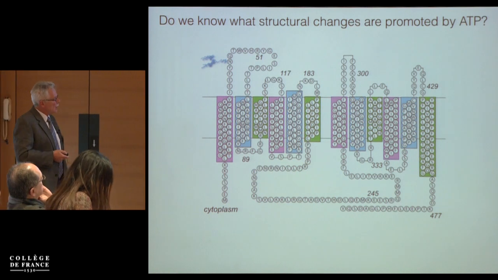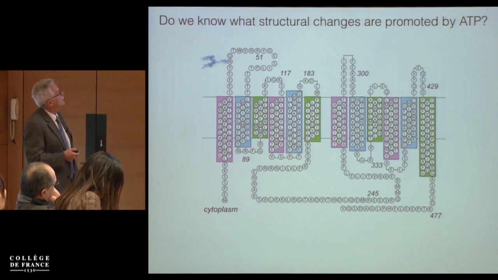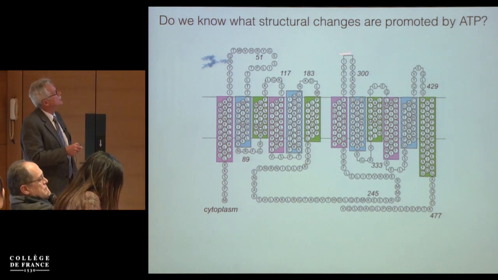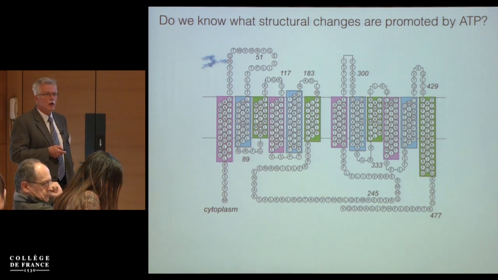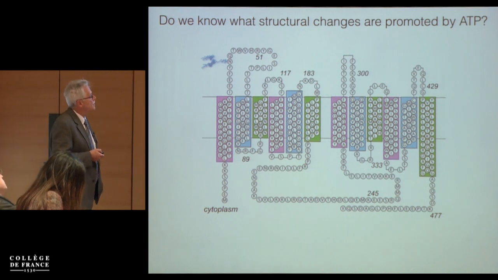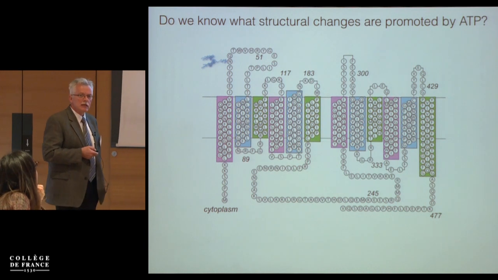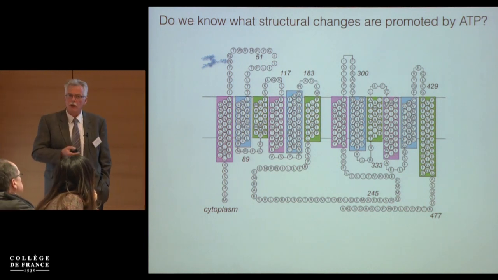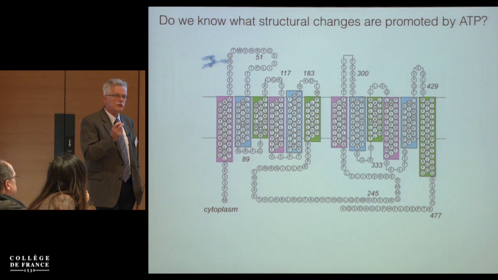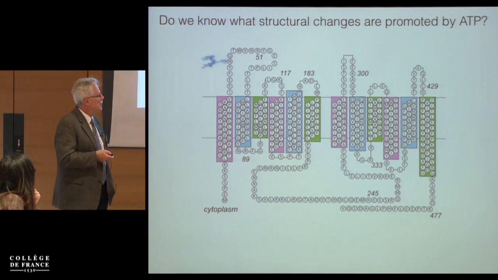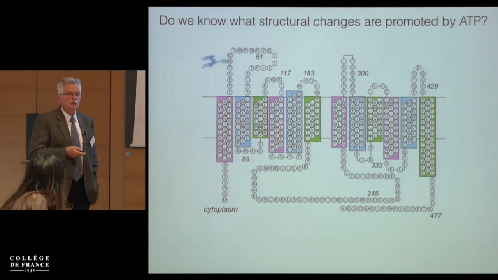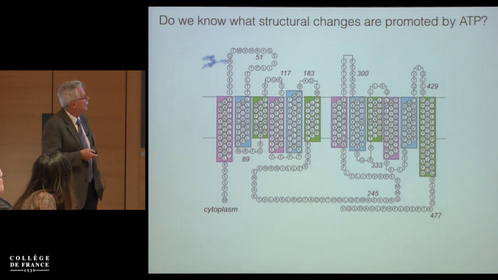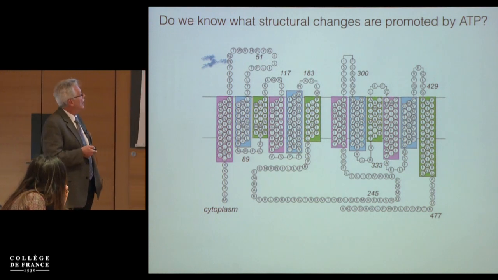Well, we've looked by mass spectrometry to find out what structural changes are promoted in GLUT1 upon ATP binding. If we use EDC, which is a zero-length crosslinker, it cross-links salt bridges present in proteins. So we're cross-linking lysines and glutamates, or lysines and aspartates.